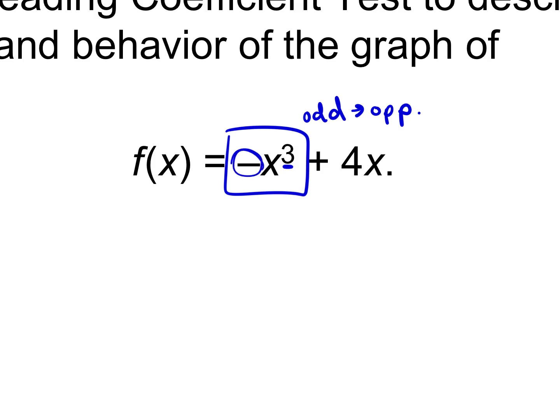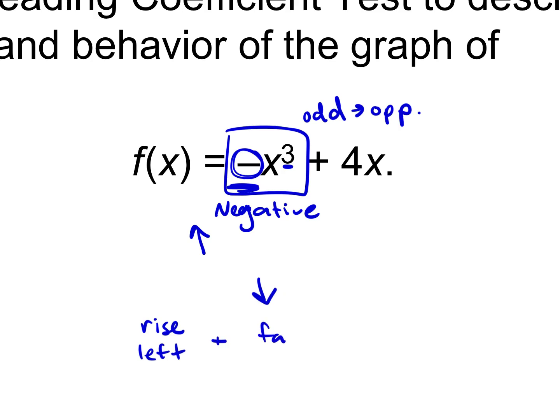And if our leading coefficient's negative, what does that tell us? What's the left arrow going to do? The left arrow is going to go up and the right arrow goes down. So our overall slope would be decreasing because it's negative. If we put words to this, we would say rises left and falls right.